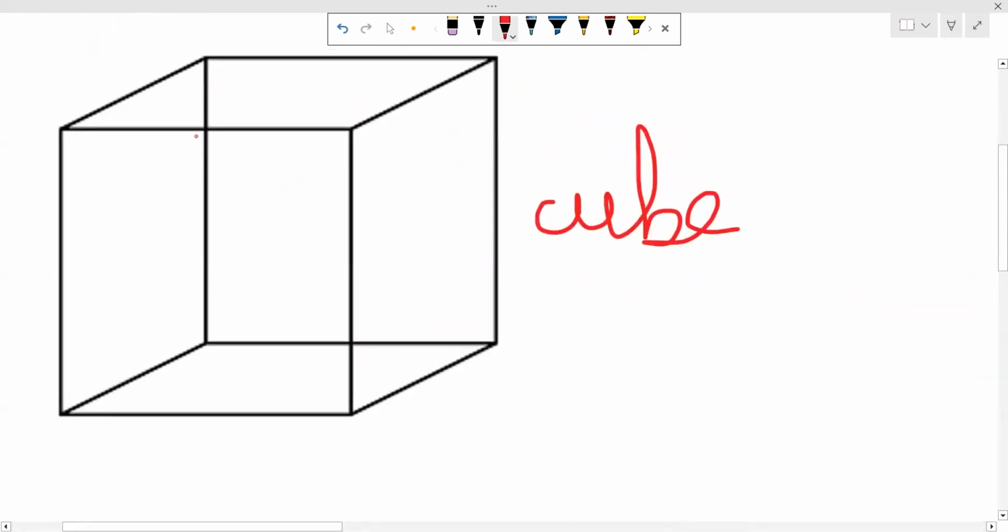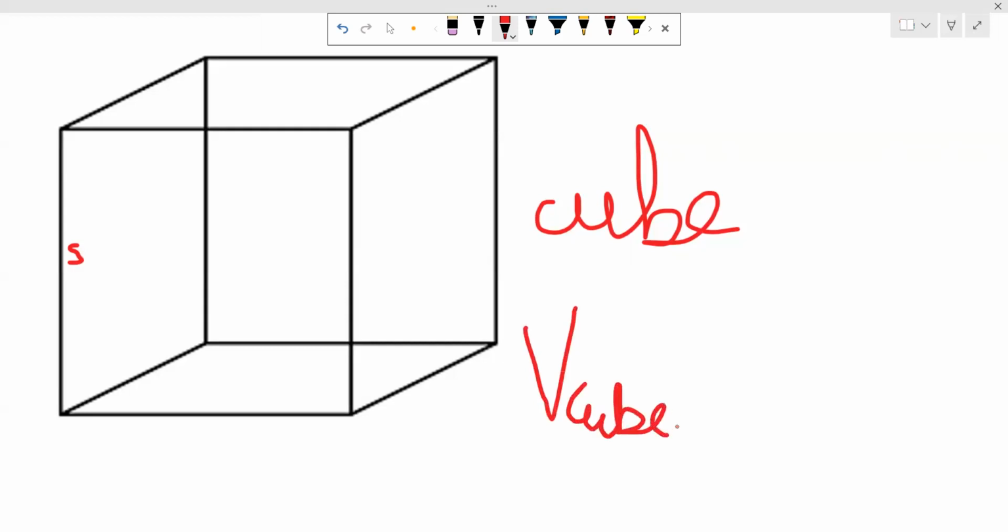See, in a cube, all the sides are the same. Suppose one side of the cube is S. So the volume V of the cube is S into S into S. What is the area of a square?